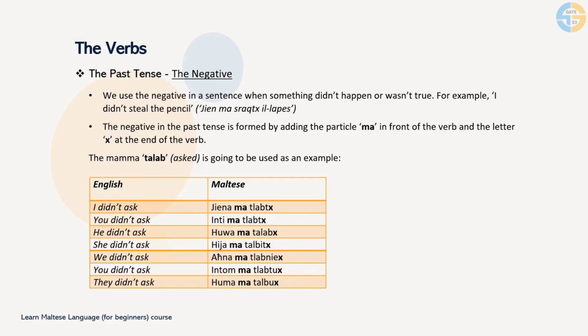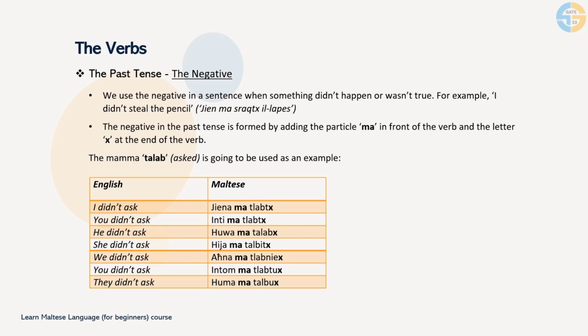So let's talk about the negative in the past tense now. So we use the negative in a sentence when something didn't happen or wasn't true. For example, I didn't steal the pencil. And in Maltese you say jiena ma sraqx il-lapes.